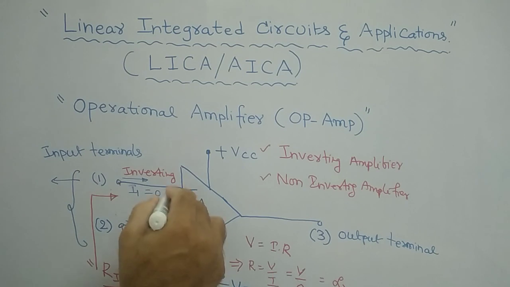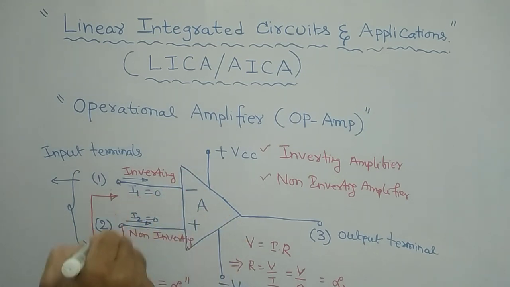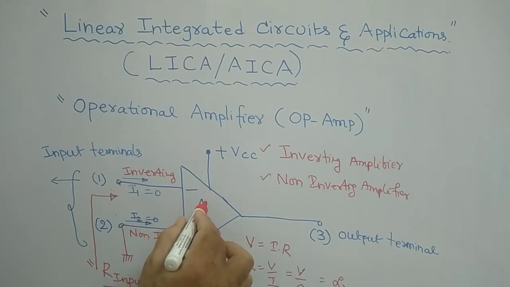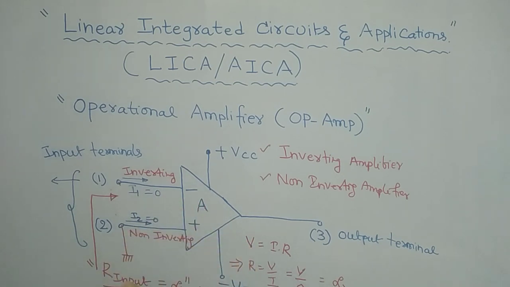So for an operational amplifier, the input impedance is high, ideally infinite. And the loop gain is also infinite. That is the first parameter.